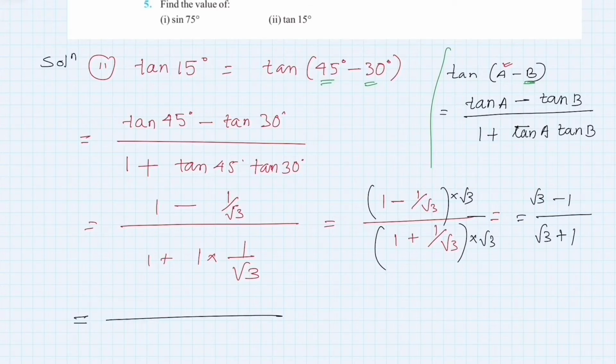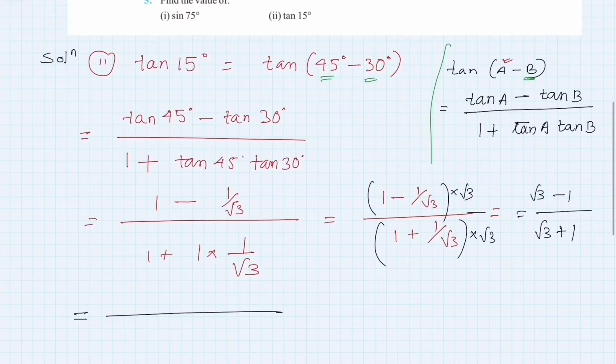In order to rationalize the denominator, which is root 3 plus 1, let us multiply both the numerator and denominator by root 3 minus 1. Doing so we will get (root 3 minus 1) whole square by (root 3 plus 1) into (root 3 minus 1).